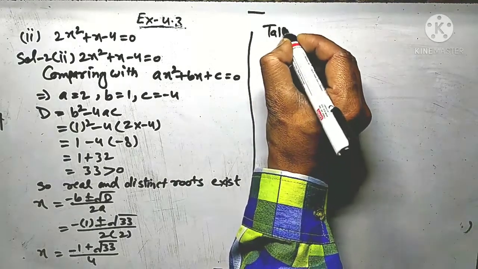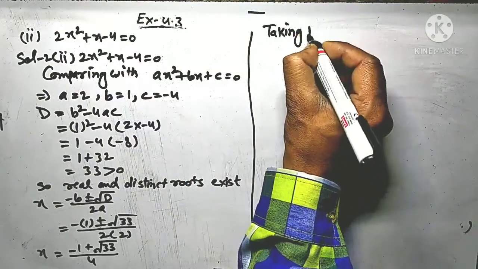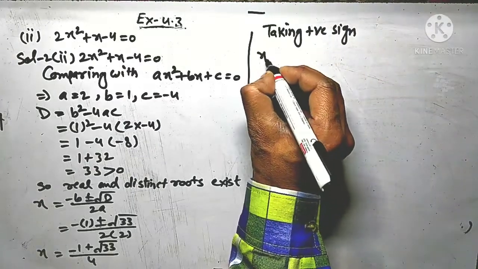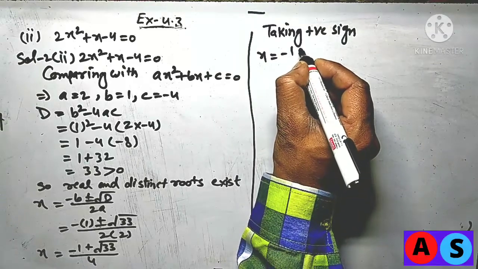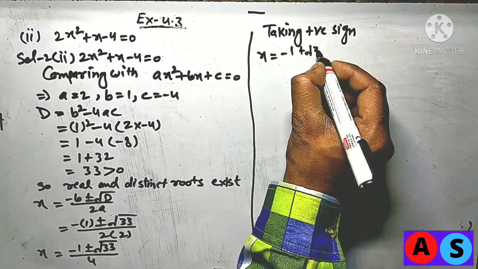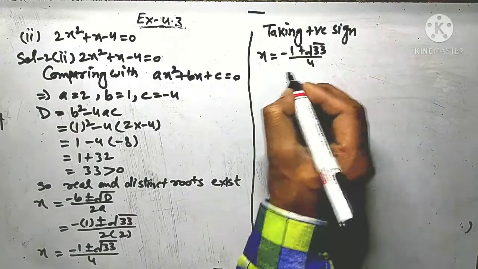Taking positive sign, so x is equal to minus 1 plus under root 33 over 4.